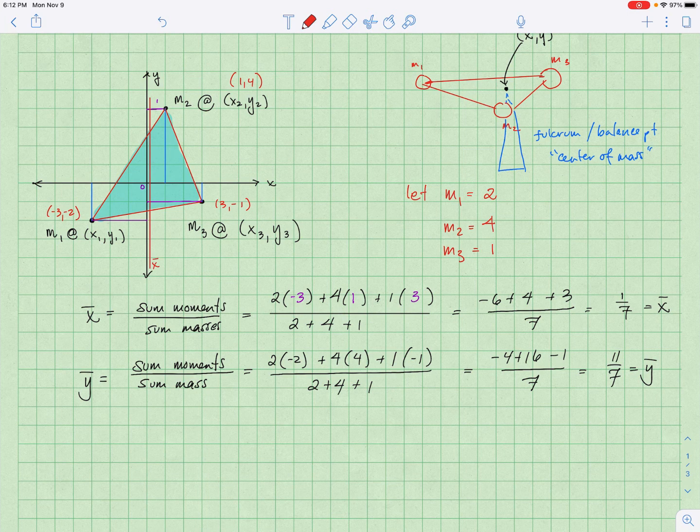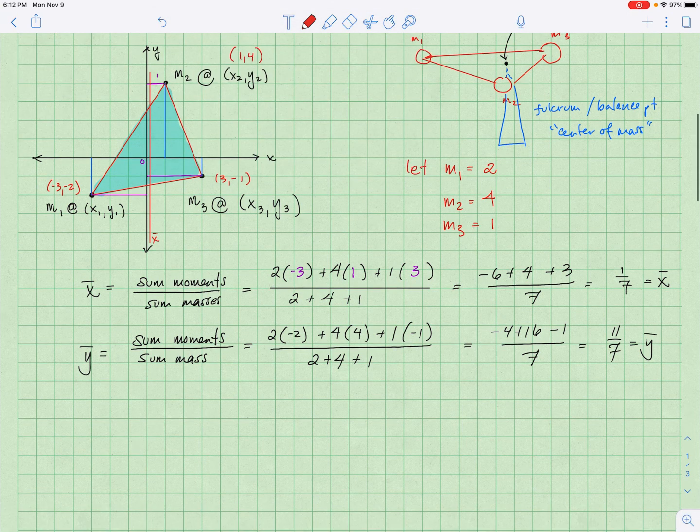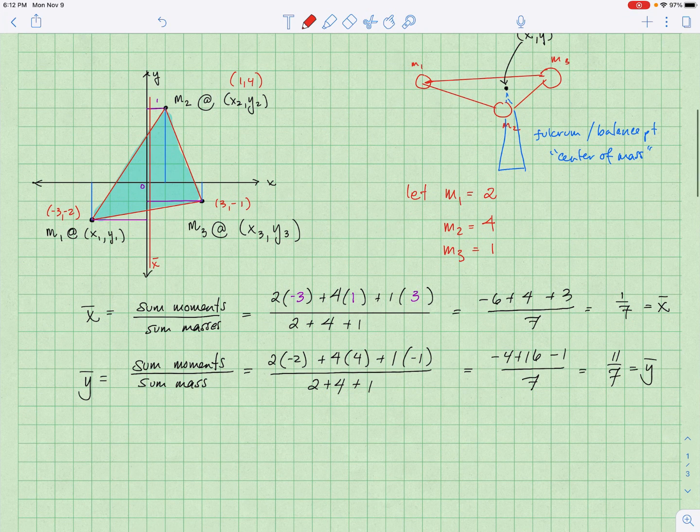So let's call that x bar. Y bar is 11/7. That's a little bit bigger than 1, right? That's almost 1.5. It's a little bit more than 1.5. Y bar at 11/7, x bar 1/7, and that is my center of mass.